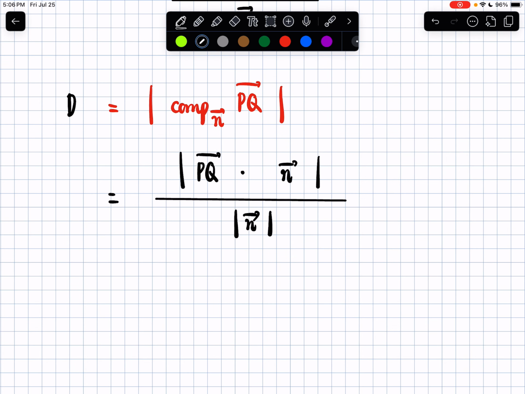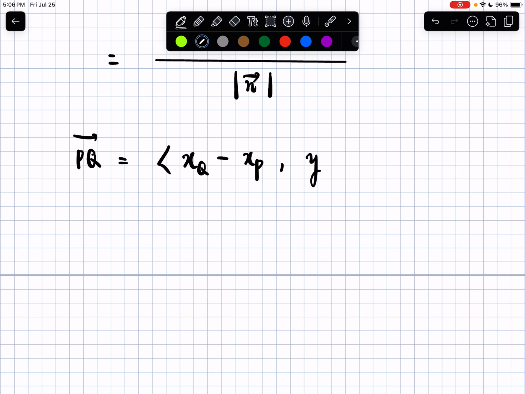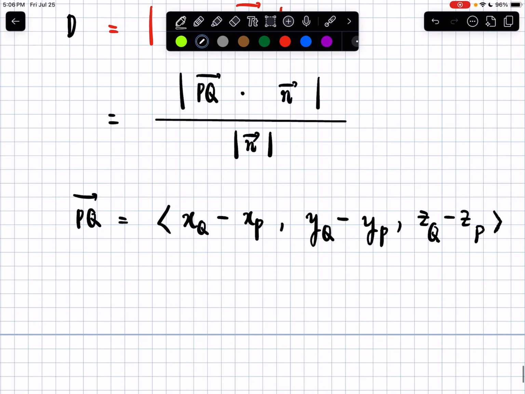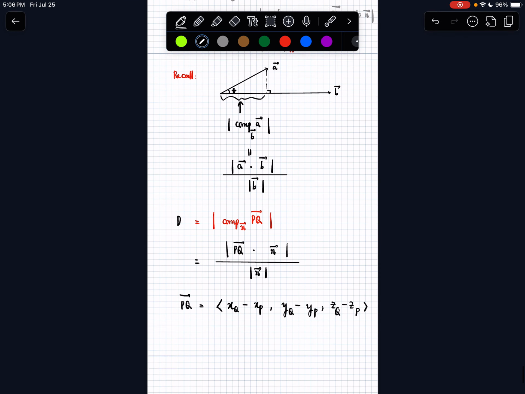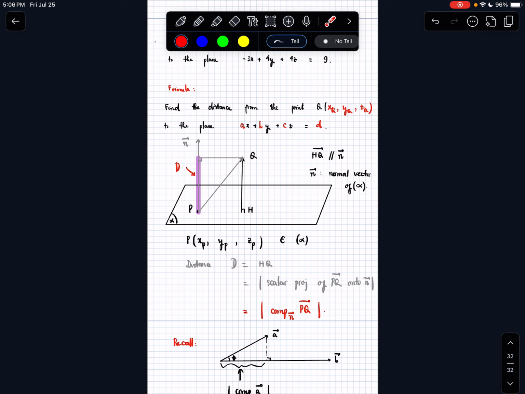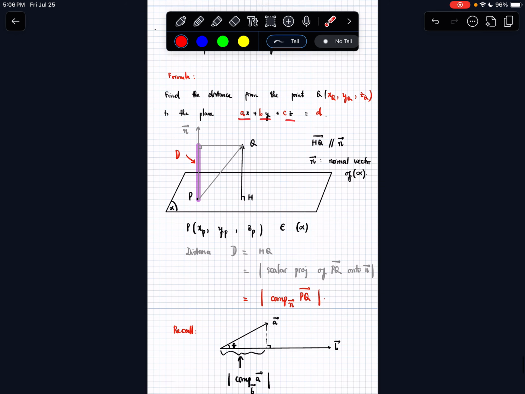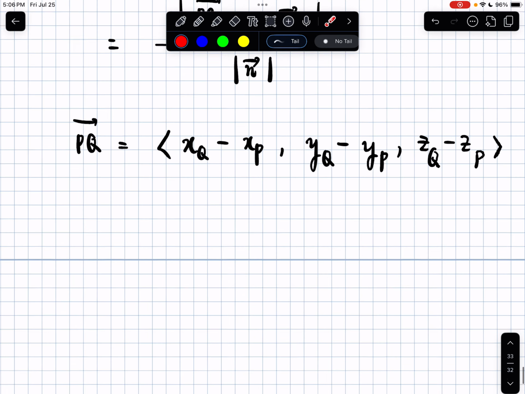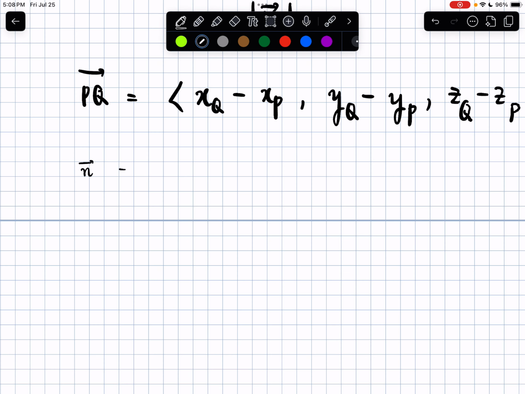PQ is the vector (xq minus xp, yq minus yp, zq minus zp). n is a normal vector and is given to us by the equation of the plane. So n is the vector (a, b, c).